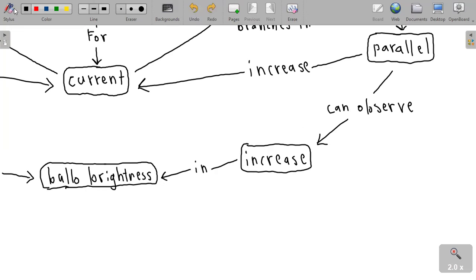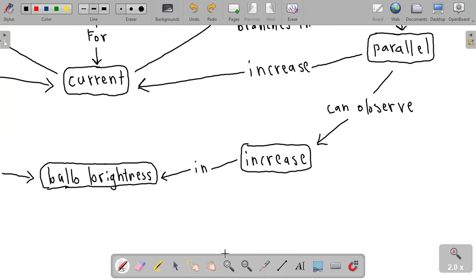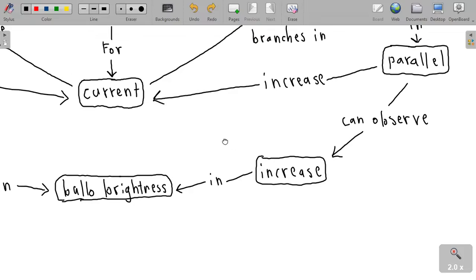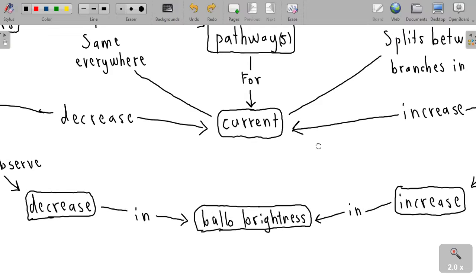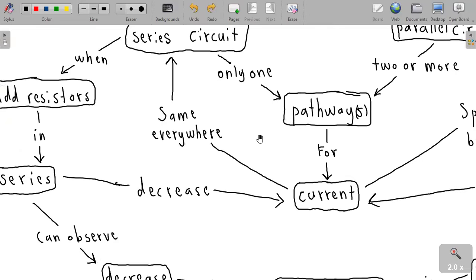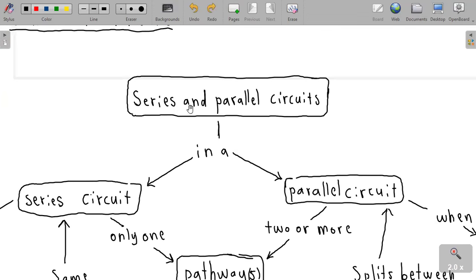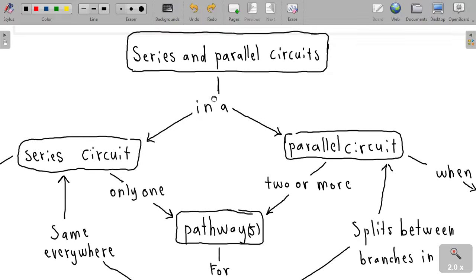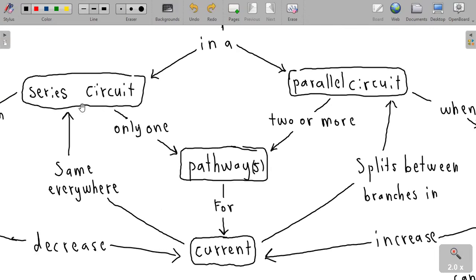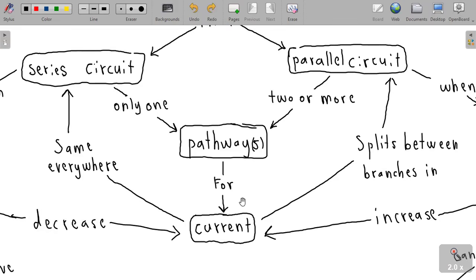Guys, you can see that this is a nice summary flowchart of series and parallel circuits. We say that in a series circuit, there's only one pathway, and in a parallel circuit, there are two or more pathways for current.